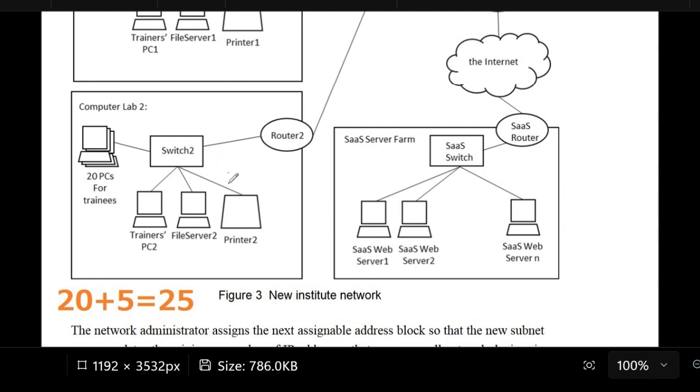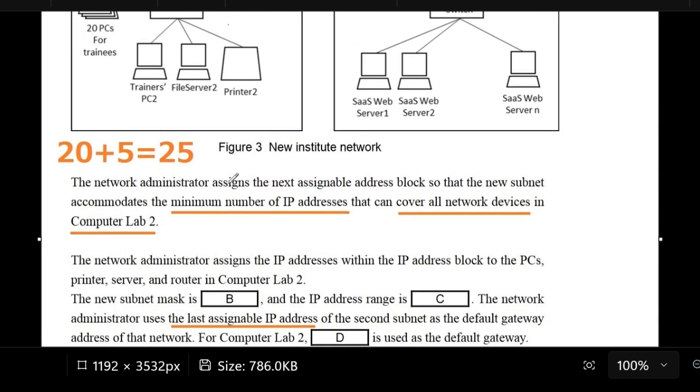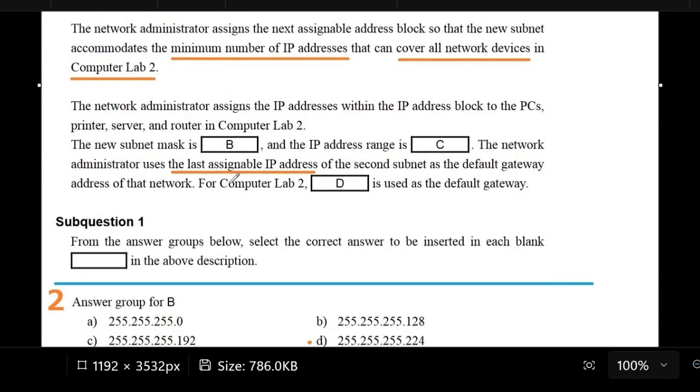When I say the numbers, I mean, for example, the subnet mask, the IP address range, and also the default gateway.